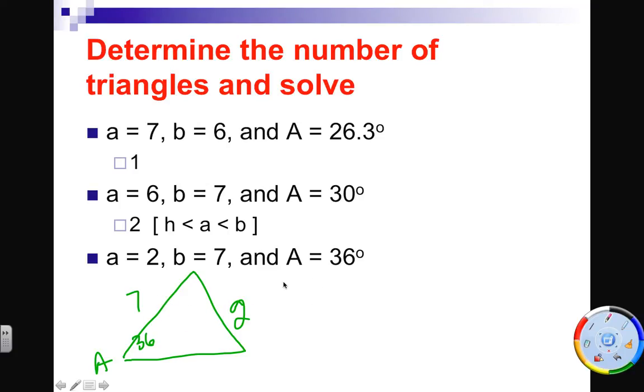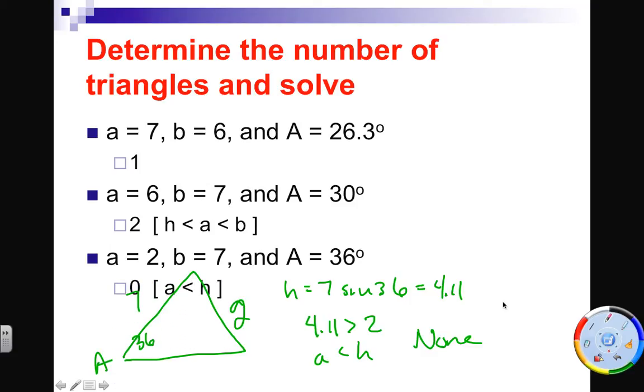Is a less than h? I don't know yet. h is equal to 7 sine of 36, which is 4.11. Well, 4.11 is bigger than 2, which means a is less than h, which means, yay, we're done with this one. No triangle exists.